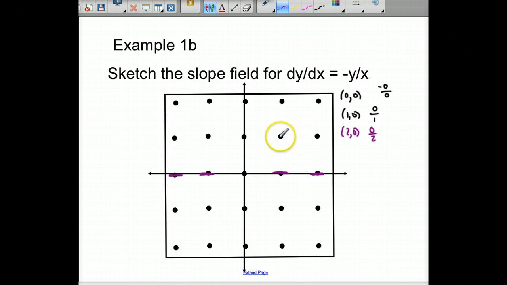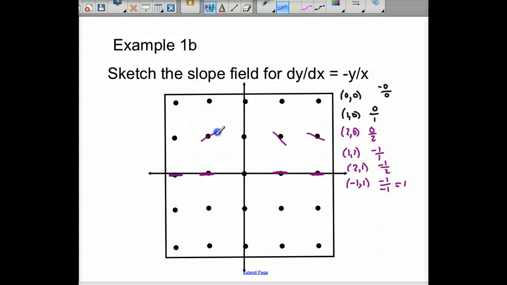Then if we choose a point like (1, 1), we have negative 1 over 1. And how about the point (2, 1)? We'll have negative 1 over 2. So that's pretty less slanted than this one. How about the point (negative 1, 1)?